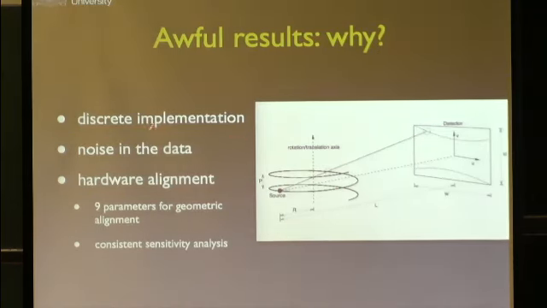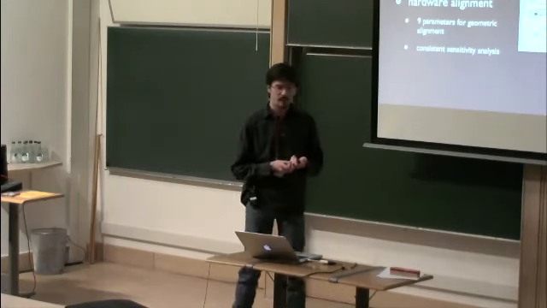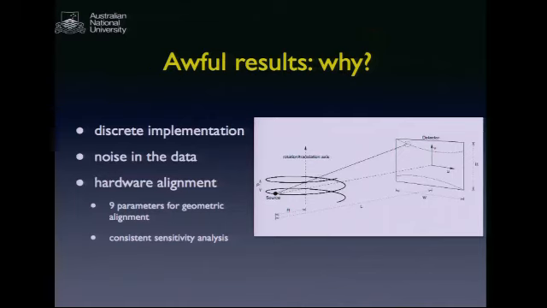Also, the artifacts we're seeing don't quite match what has been reported as discretization problems, so we didn't think it was that. Another thing, of course, we're working with real data here, so noise could be an issue, but the artifacts are not noise-like, so it's not that.